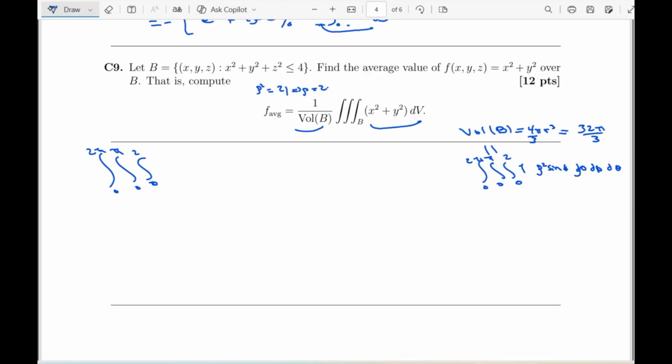So x squared plus y squared is r squared. And remember that in spherical, r squared is rho squared sine squared phi. Then we have another term coming from the Jacobian, which is rho squared sine phi, d rho, d phi, d theta.